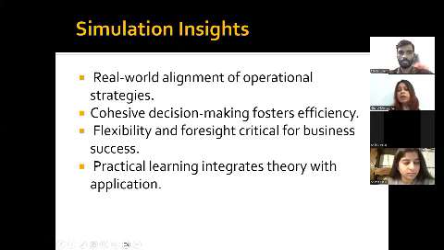Second would be cohesive decision-making efficiency. For example, teams and departments must work together when they make decisions. When everyone is aligned and communicates together, things get done faster and more efficiently. Then, flexibility and foresight, critical thinking here, which means businesses must adapt to quick change and anticipate future challenges.